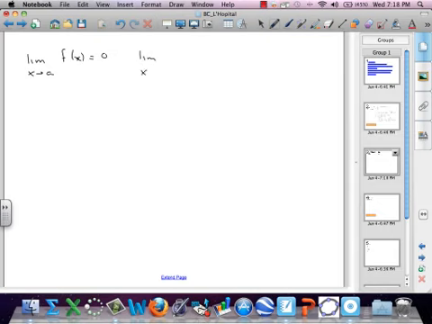Okay, so we're given those two ideas, and we are asked to find the limit of f over g as x approaches a. Okay, so the goal is to find this limit, if it exists. Limit as x approaches a, f of x over g of x.